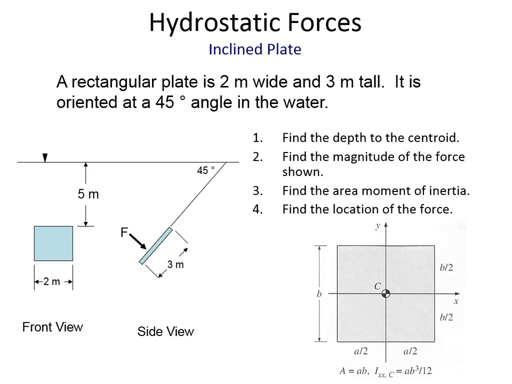Once we know delta H, we can find the magnitude of the hydrostatic force pretty easy, just putting it into the hydrostatic equation. The area moment of inertia is going to come into our formula for the location of the force, but we've got a little bit more geometry to deal with. We have to find the y bar, which is the inclined distance from the water surface to the centroid, so that we can put that into the formula for YCP.